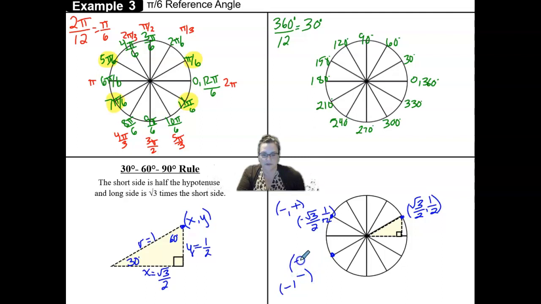So this would be the point negative root 3 over 2, comma negative 1/2. And in quadrant 4, the x is positive, the y is negative. So our coordinate is root 3 over 2 and negative 1/2.